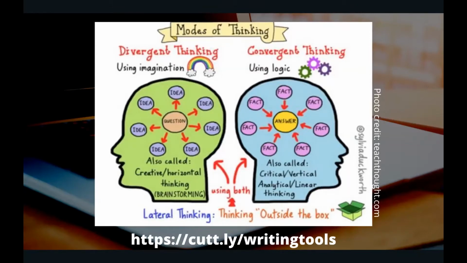So some of the tools that I'm going to show you today are designed to help with the divergent thinking that's involved with the writing process. And there are other tools that I'm going to share with you all today that are more associated with the convergent thinking side of this process, when it comes to putting our outlines together or organizing all of those wonderful thoughts that we brainstorm.